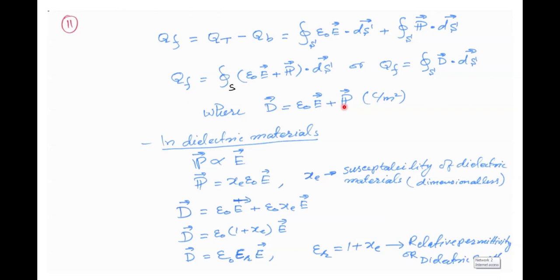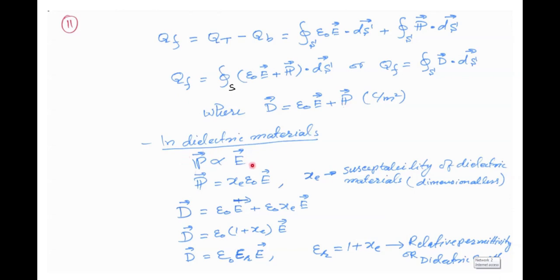Capital P represents the electric polarization. Electric polarization means dipole moment per unit volume. This also represents the dipole moment density, and its unit is coulomb per square meter. Now, what is polarization in terms of electric field?